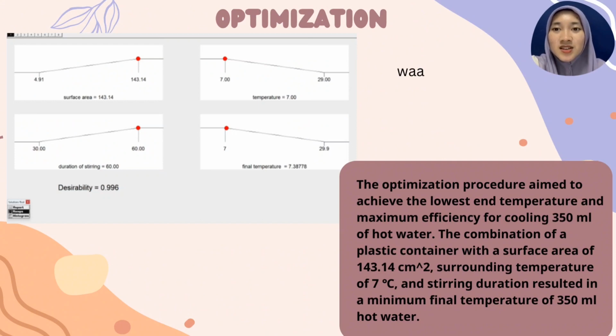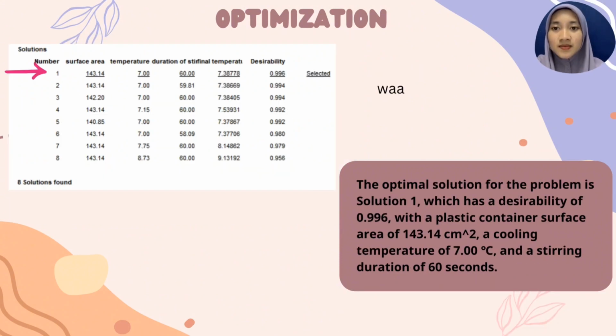Optimization comes next. This figure shows the parameter setup to get the best desirability. The optimization aims to achieve the lowest end temperature and maximum efficiency for cooling 350 ml of hot water. The combination of a plastic container with a surface area of 143.14 square centimeters, a surrounding temperature of 7 degrees Celsius, and the stirring duration resulted in a minimum final temperature of the 350 ml of hot water. This figure shows the solution based on desirability.